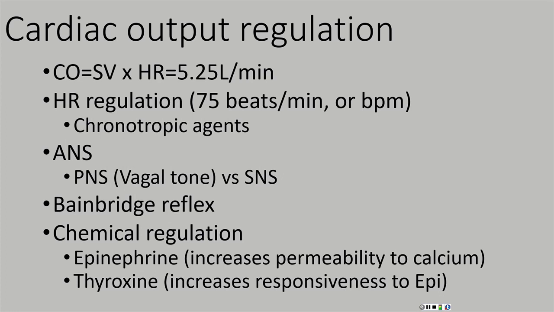Next, chemical regulation. Well, before we go to chemical regulation, let me go back to the Bainbridge reflex, because this is actually something that if you're in a class that does not have in-person lab, you can actually test the Bainbridge reflex kind of the same way we test it in lab. If you stand upright for a little while, and you don't really move around a lot, let's just have you stand in place for 3 to 5 minutes.